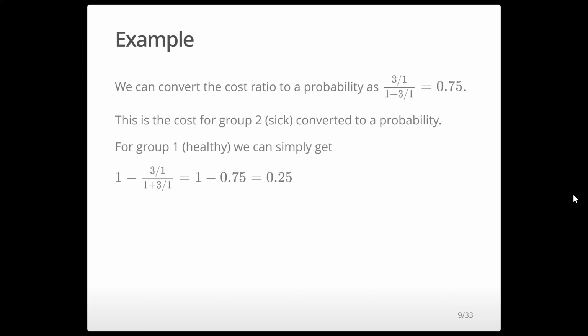That's 0.75. This is the cost for group 2, sick, converted to a probability. And for group 1, we just take 1 minus the probability that we got. Notice that this ratio, 0.75 to 0.25, is the same as the original ratio of 3 to 1.